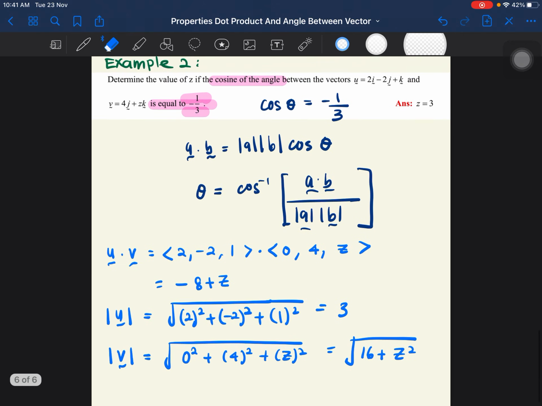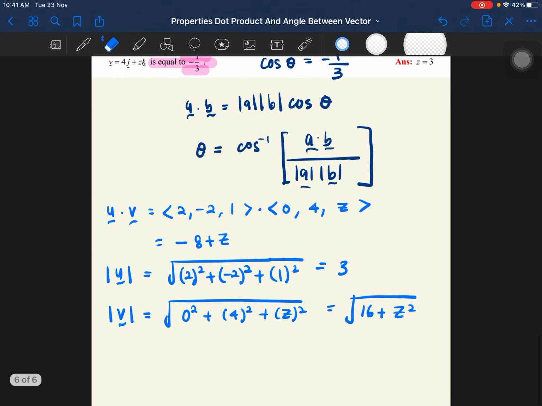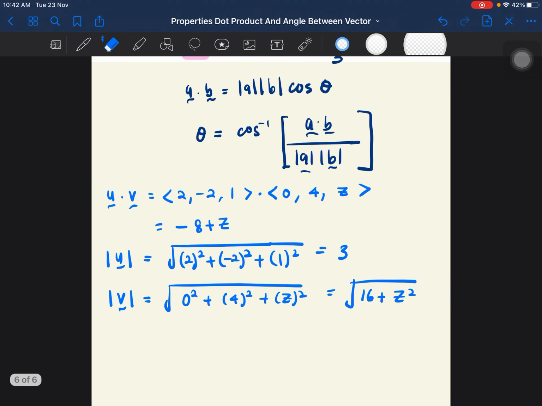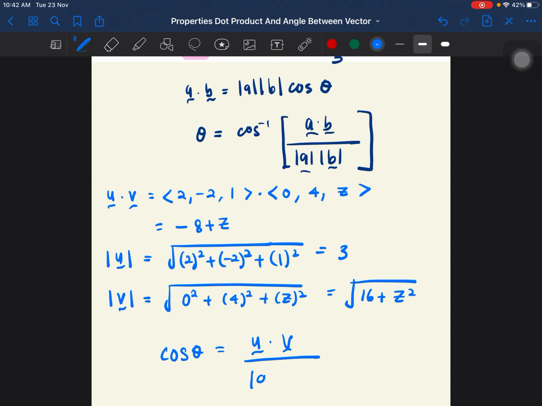Okay, so by applying this formula, we will have cos theta is equal to u dot v over magnitude of u multiplied by magnitude of v.